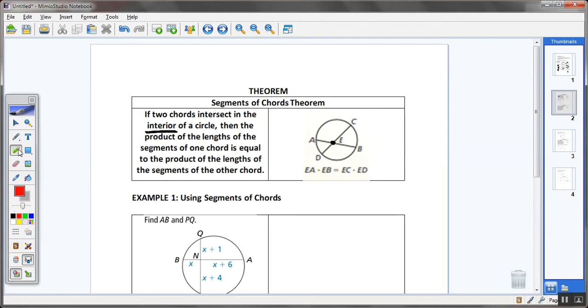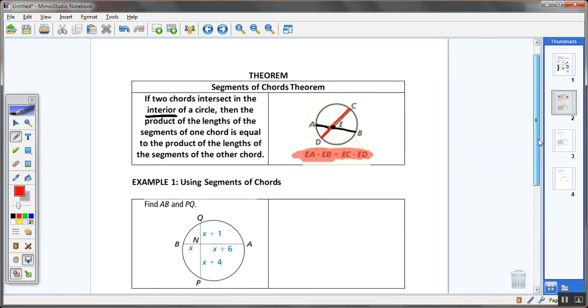I've highlighted that EA times EB is equal to EC times ED. So EA is this segment, times EB, is going to be equal to the other chord's two-segment product, ED times EC, and that's all that theorem states.